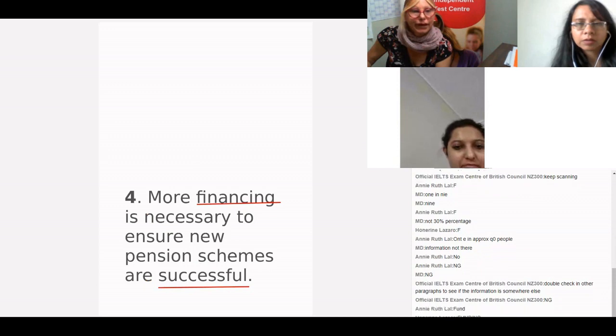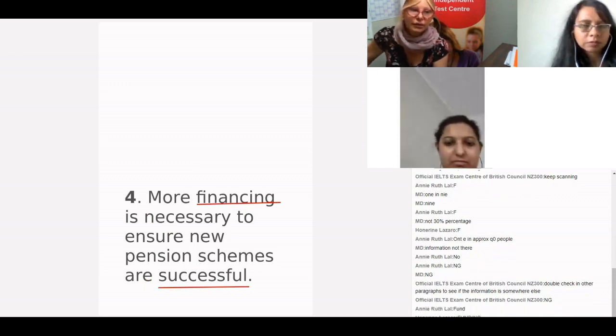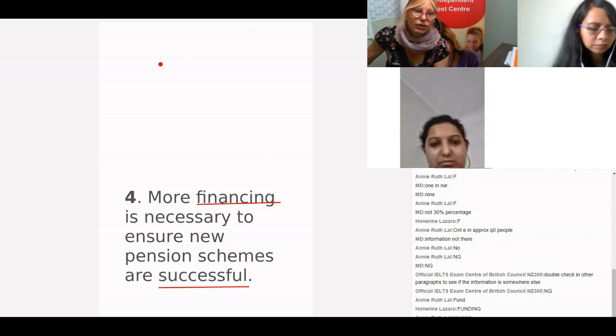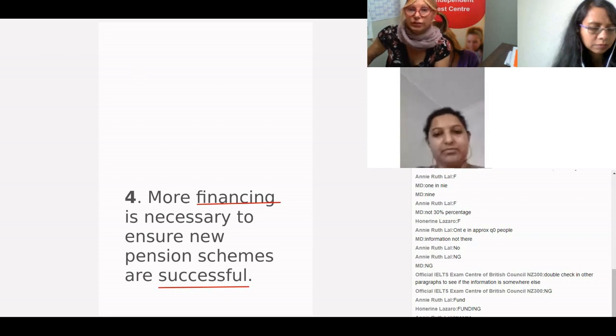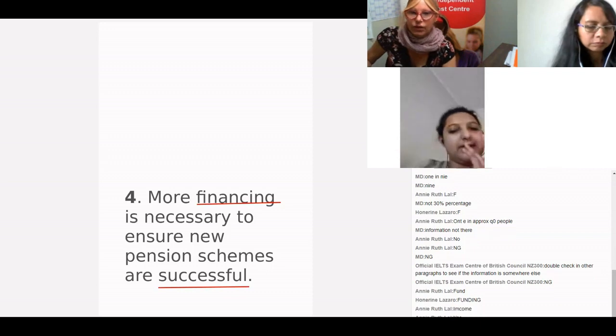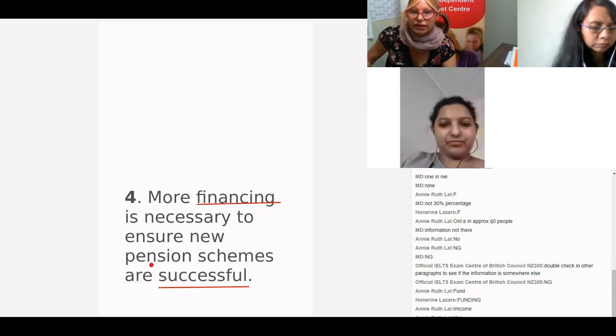Funding, yeah. Anything even more simple than funding? Income, yeah. Even a simple word like money, right? Money or financial support or something like that.